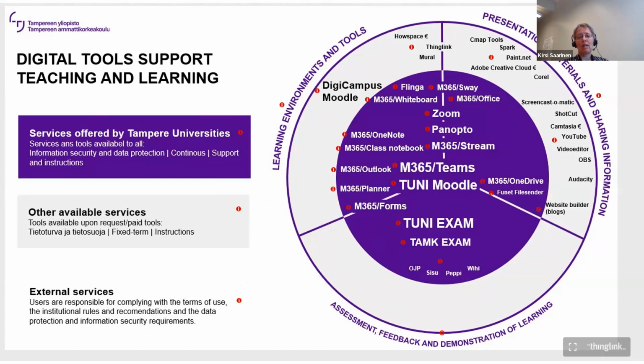And then there are other services which can be available upon request, for instance ThingLink, Mural, Howspace, Spark, and so on. And then, of course, external services. With those, we need to make sure that they comply with the terms of use and institutional rules and so on.